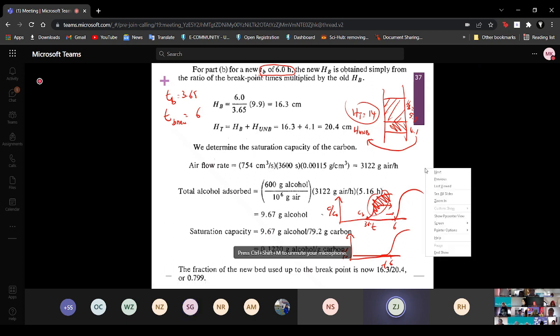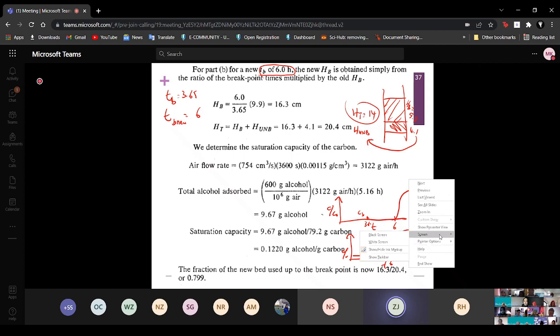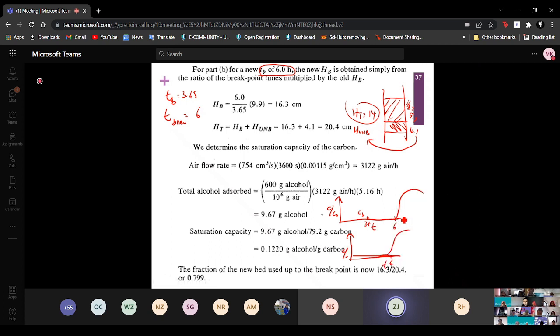So bila you shift macam tu, if you want to find the area, very easy kan? Sekarang dah jadi macam ni. Tadi dia start dekat sini, curve ni dekat 3.65. Sekarang ni TB baru adalah dekat 6 jam. So what happens? The mass transfer zone is the same.